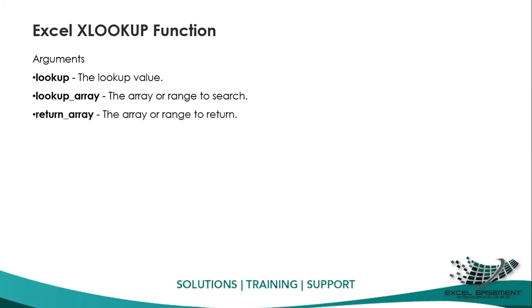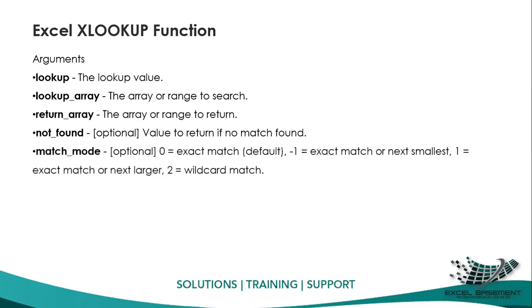The third function argument is the return array. So we need to select that specific range or array from which we need to get the result. Then the not found function argument is always optional. So if anything does not match, instead of an error, what we want to show is given in this field.